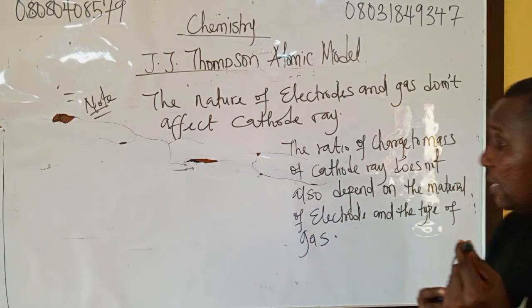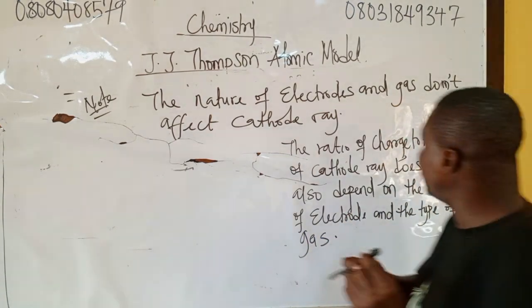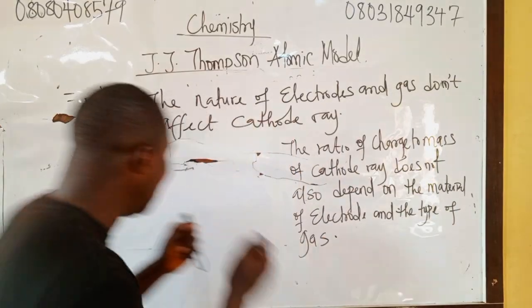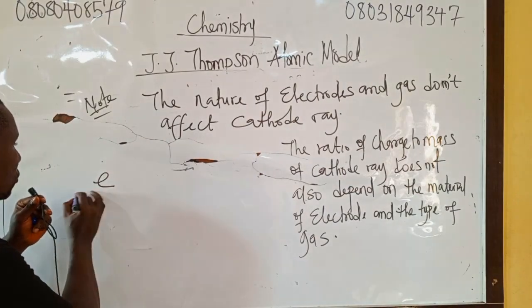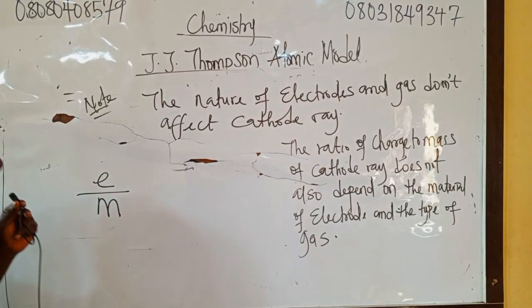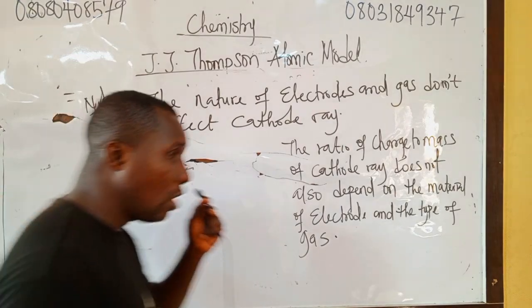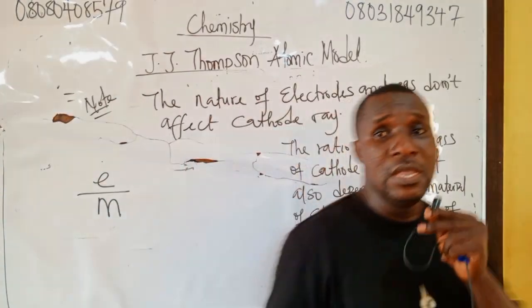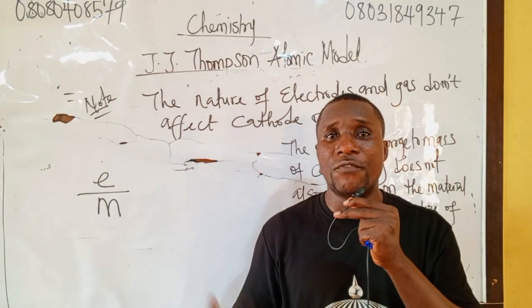Take note of that. What do they mean by that? The ratio of charge to mass of cathode ray means the ratio of charge to mass of the electron.